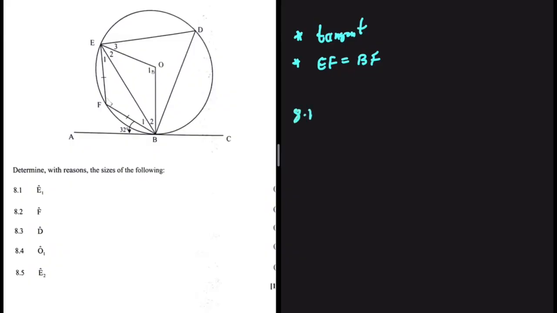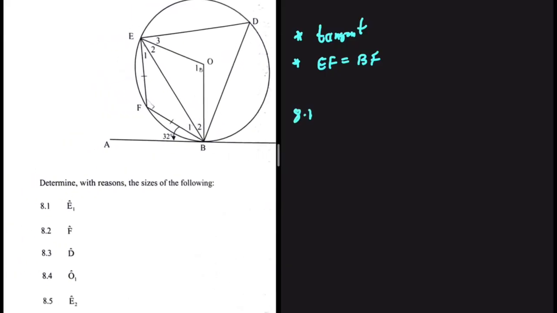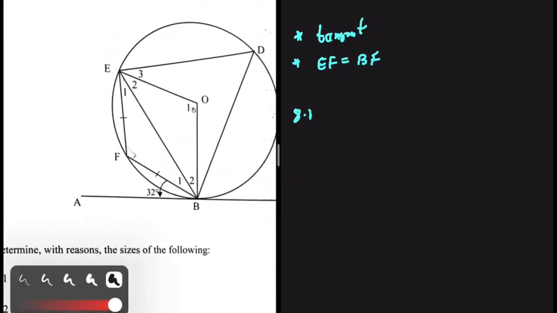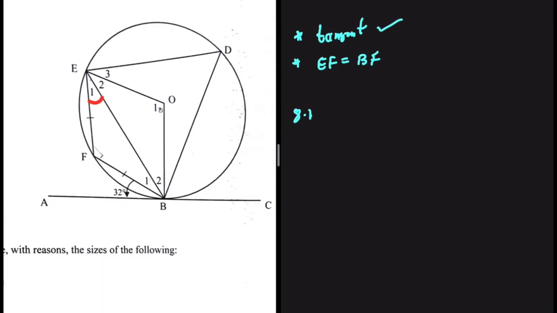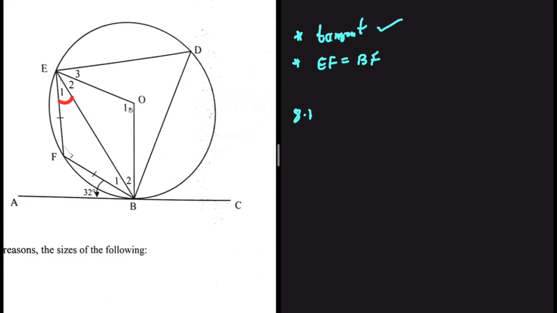8.1. Determine with reasons the size of the following angles. We have angle E1. Angle E1 is right here. Let's see if we can use the first keyword to determine the size of angle E1. The first keyword is tangent. So I'm thinking tan chord theorem. Well, my tangent is ABC.